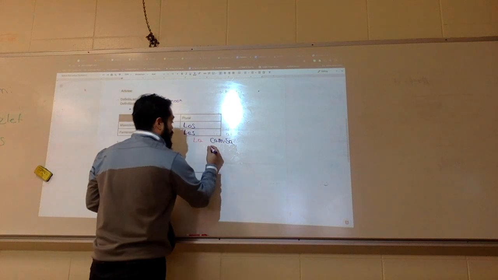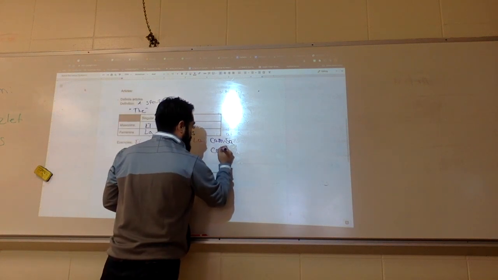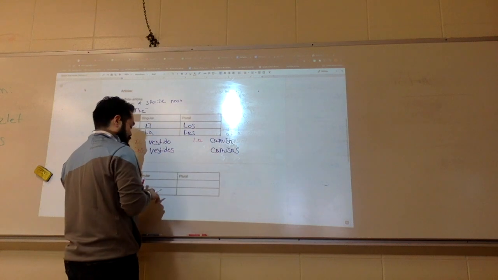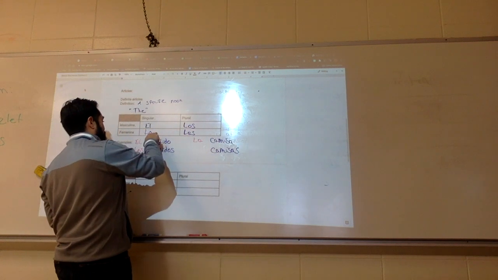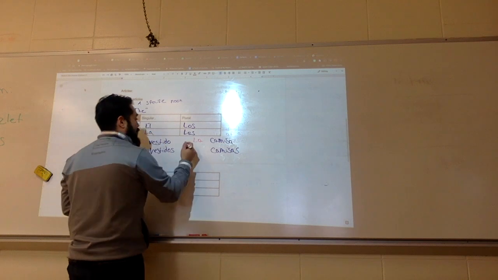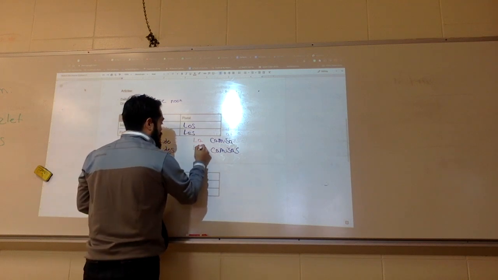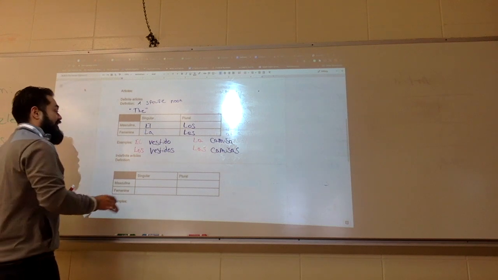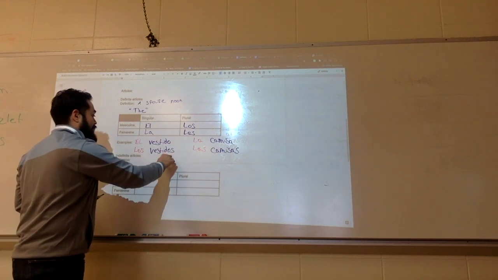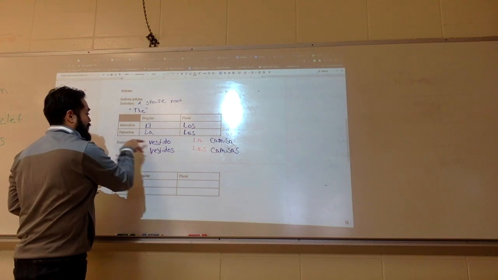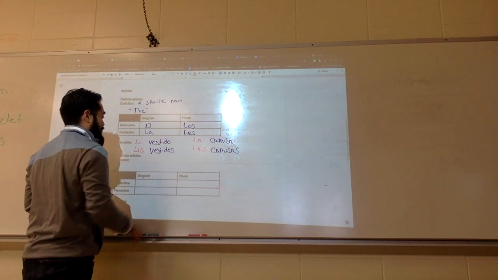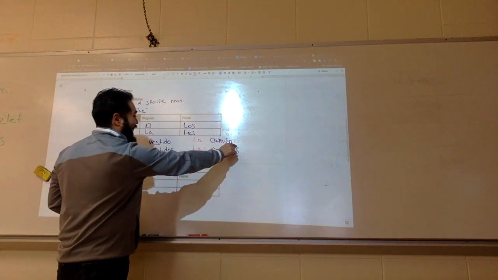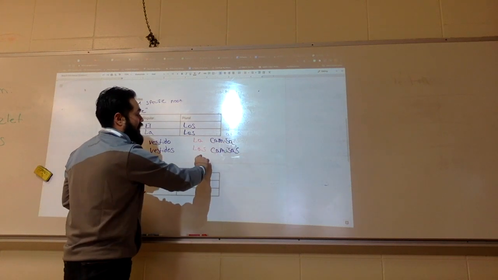If I want to talk about more than one shirt, I make camisa plural by adding an S because it ends in a vowel. I can't say la anymore because it's singular. I've got to be plural, so las. Right? So because my noun is a certain way, everything described in the noun has to match that. So vestido, el, vestidos, los, camisa, la, camisas, las.